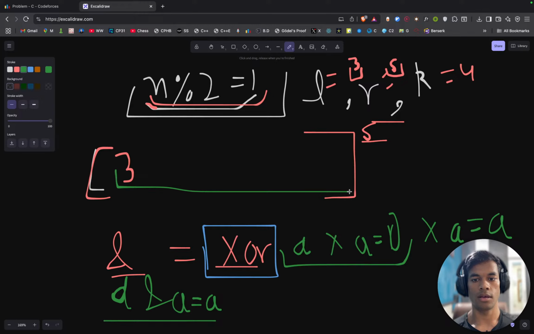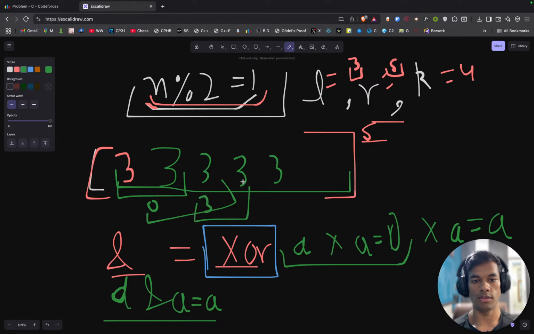Fill the array with a single number, let's say 3, 3, 3, 3. Then the XOR of the first two would be 0, then 0 XOR with 3 would be 3, then 3 XOR with 3 would be 0, and then 0 XOR with 3 would be 3.